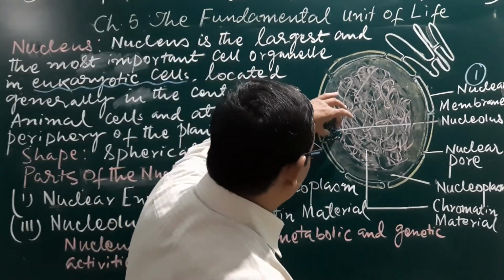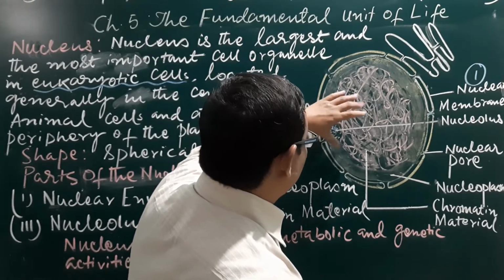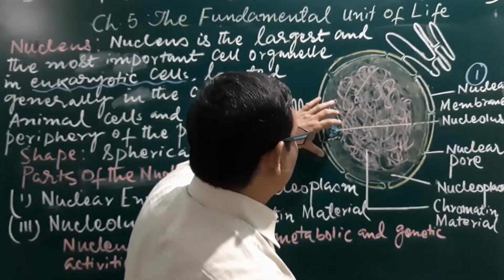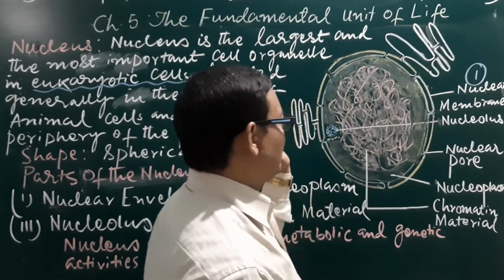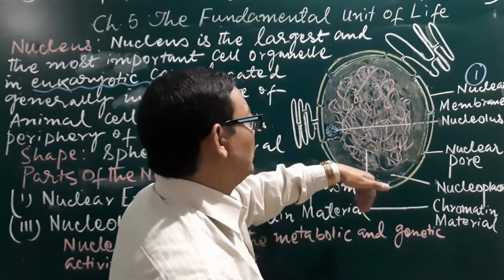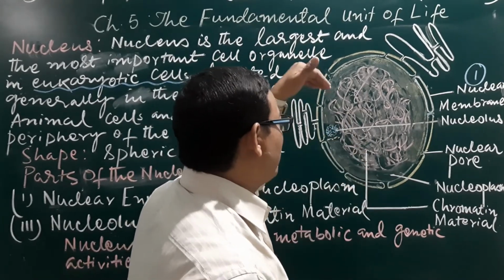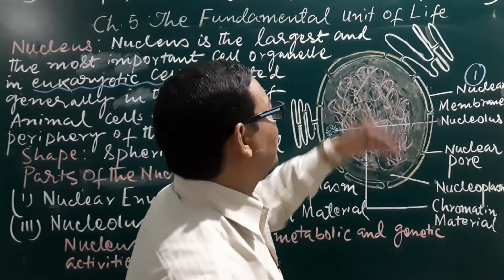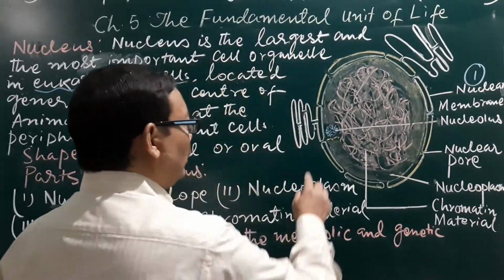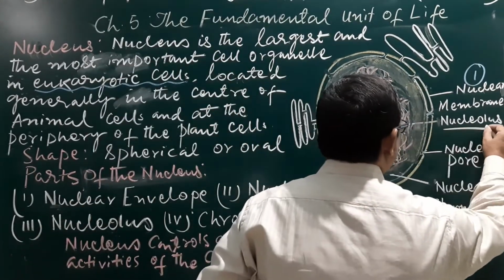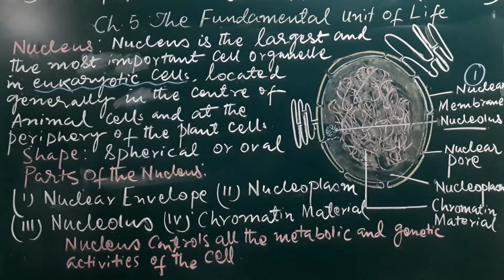You can see here that the nucleus is denser than the cytoplasm, and within the nucleus, the nucleolus is denser than the other part of the nucleus. Here is the nucleolus. It is the third important part.